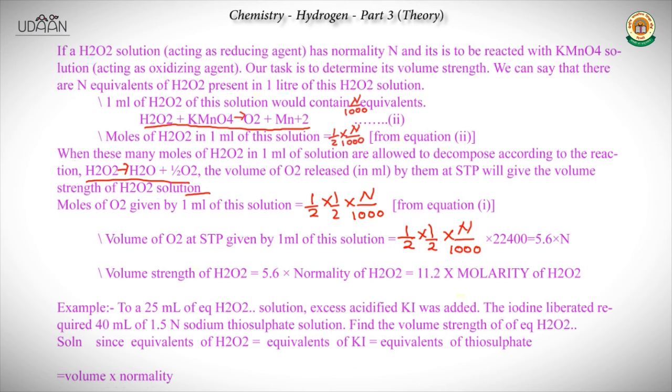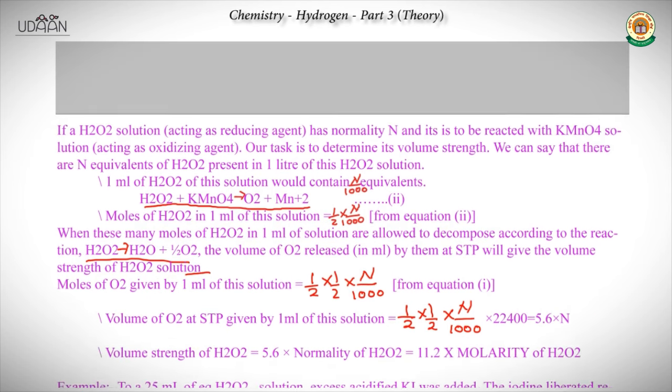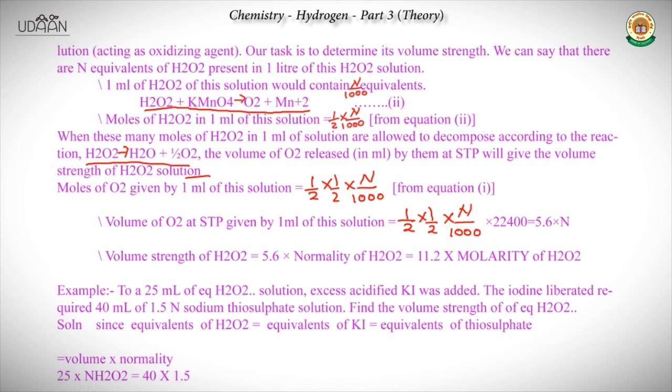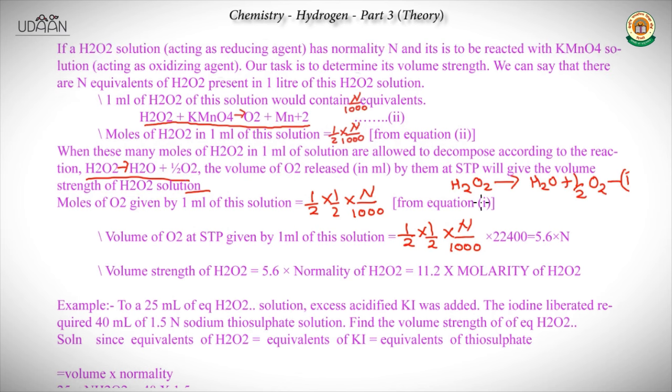Now to calculate the volume strength of H2O2, we proceed. Moles of H2O2 in 1 ml of solution will be half into N by 1000. This is from equation 1, which was in the previous slide.